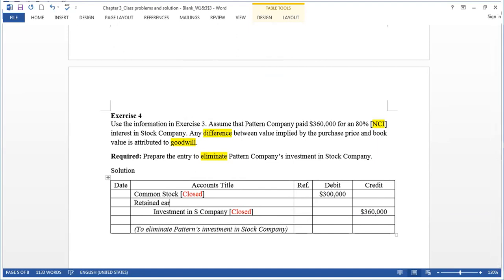Retained earnings. We are also going to close retained earnings. So these two are closed. How much?